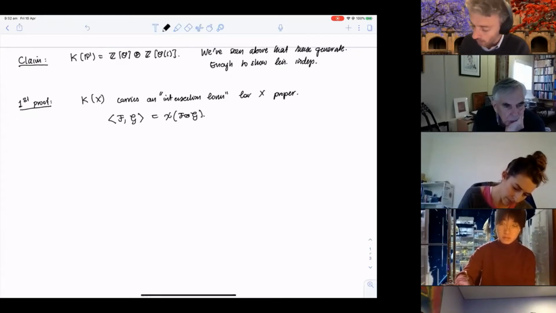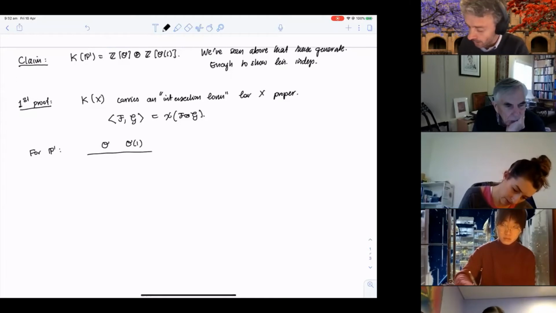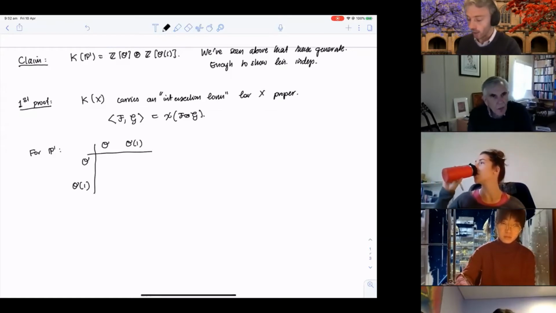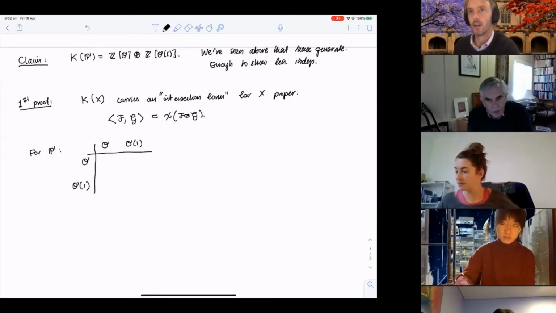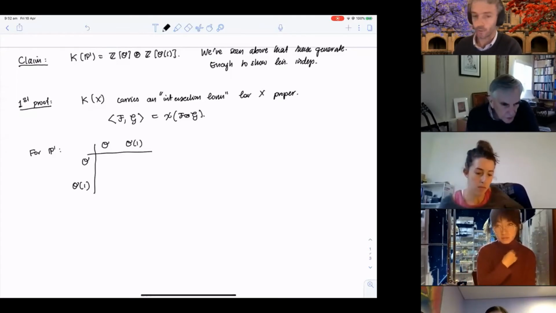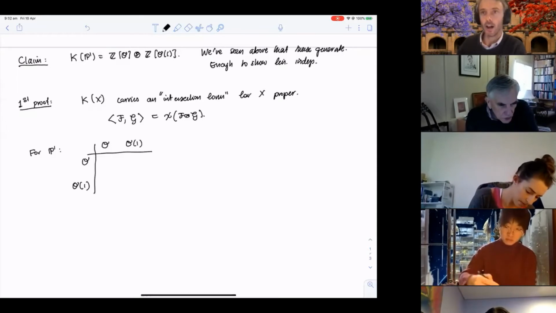And what's this for P1? We have O and O of 1. If we tensor O with O, we get O. What's its global sections? We need to know its cohomologies in all degrees, but O has no higher cohomology on P1. So we get a 1 here.